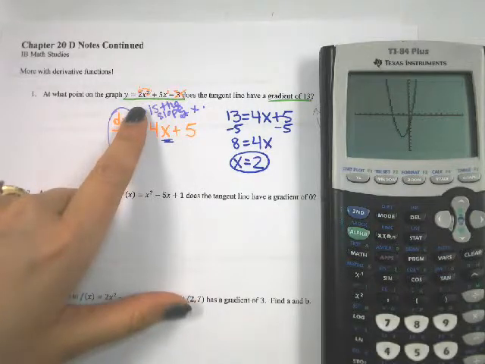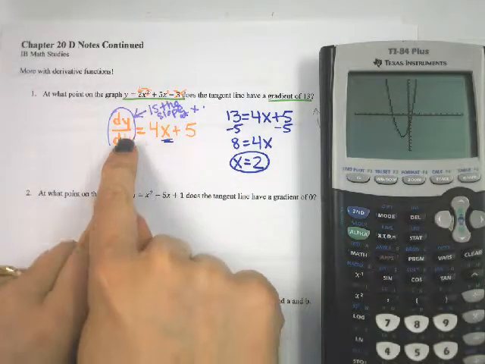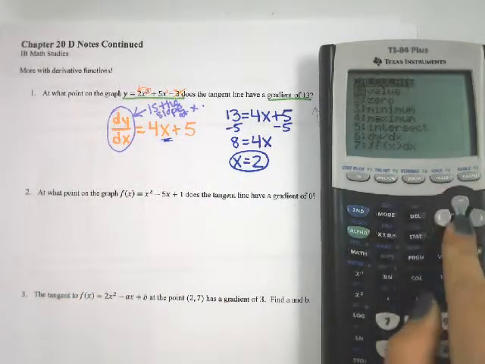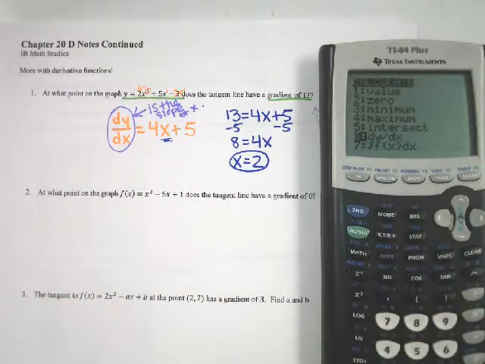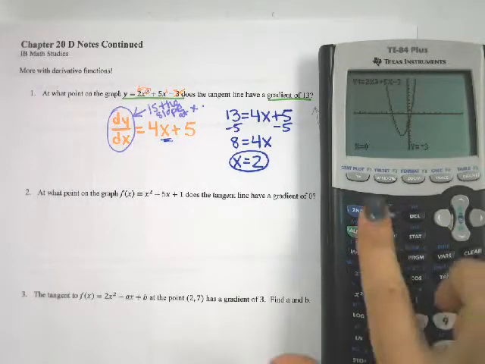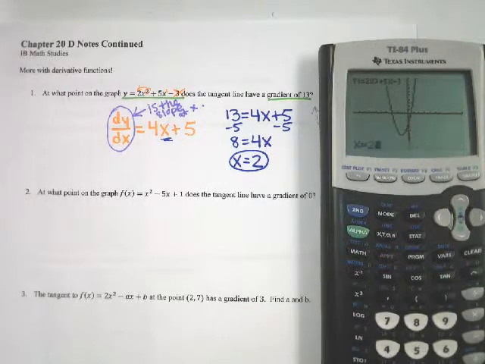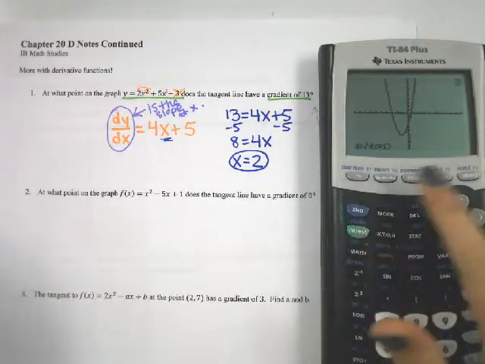It's a parabola. What we found is that the derivative is 13 at 2. So if we go second calculate and actually find the derivative, I went second calculate 6. I want it at 2, so I press 2, enter, and it does tell me 13. So that's a good double check.